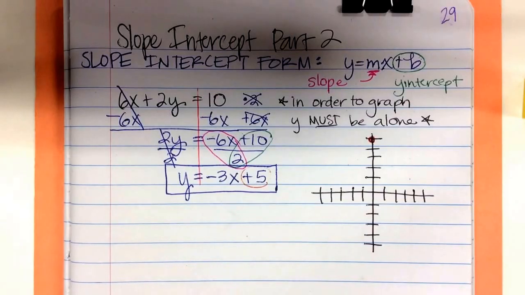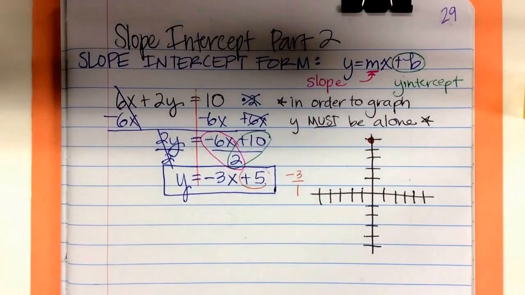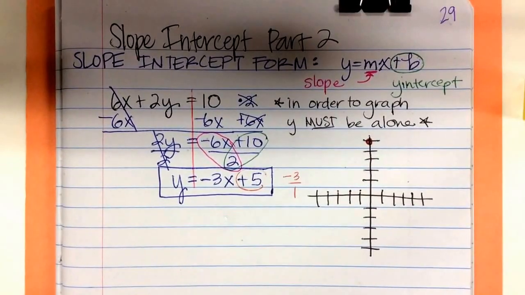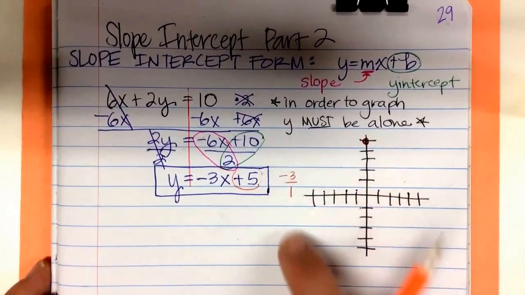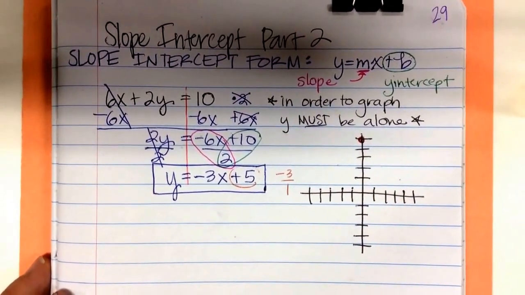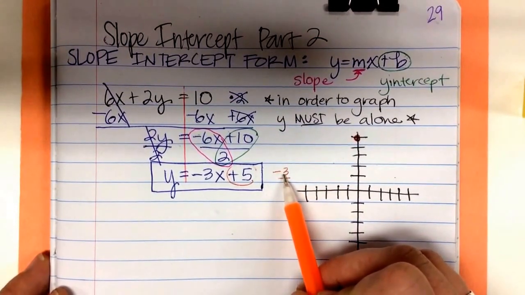What's my slope for this graph? Samantha? Negative 3 over 1, because it has to be a fraction. So what directions am I going to go for negative 3 over 1? Top is rise, so how do you rise negative 3?